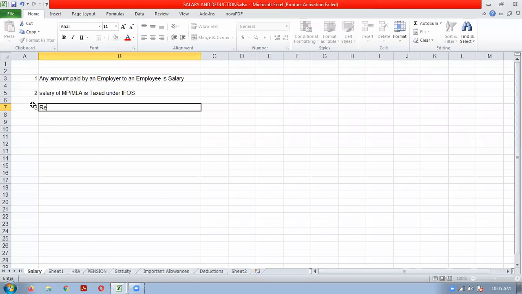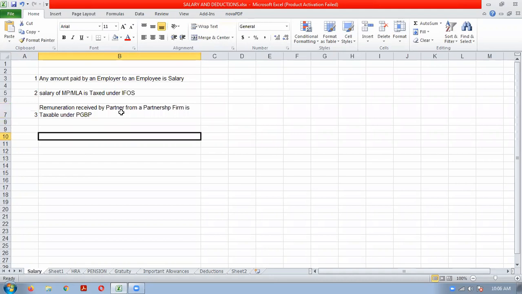Third, remuneration received by a partner from a partnership firm is taxable under income, profit and gains from business and profession.